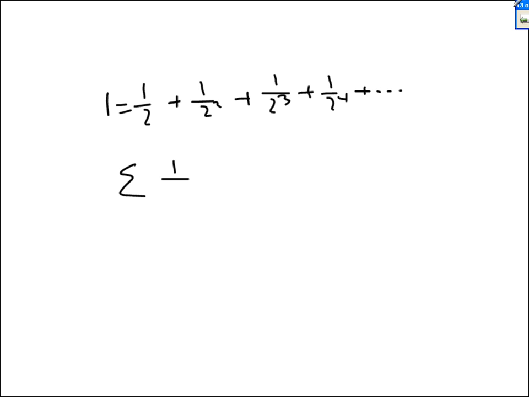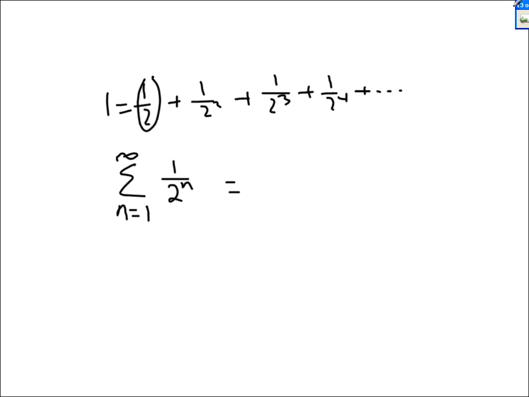Now here's the neat thing. Now that you can get 1, a half plus a quarter, which is a half squared, which is 2 squared on the bottom, an eighth, 16ths, etc. Since this is equal to 1, that is the summation of 1 over 2 to the n, as n goes from 1, because that gives me the half, to infinity.